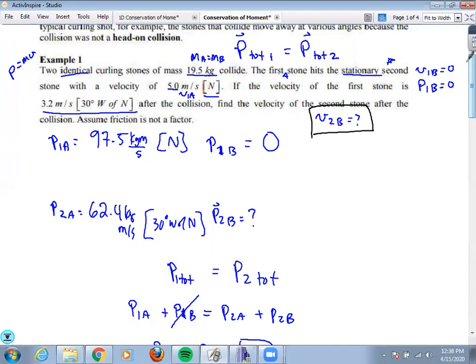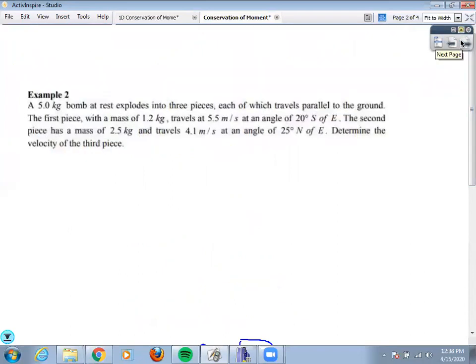Okay, so we will look at the second example, which is that of an explosion. So typically, we're going to look at an object at rest. So the initial object will always have a momentum of 0 if it's not moving.